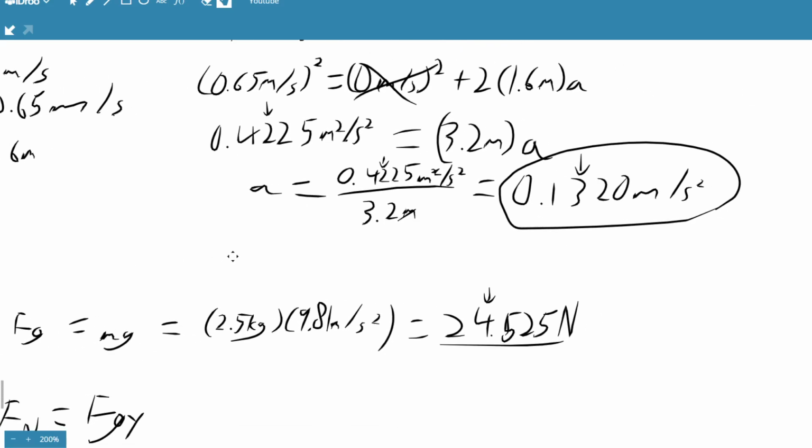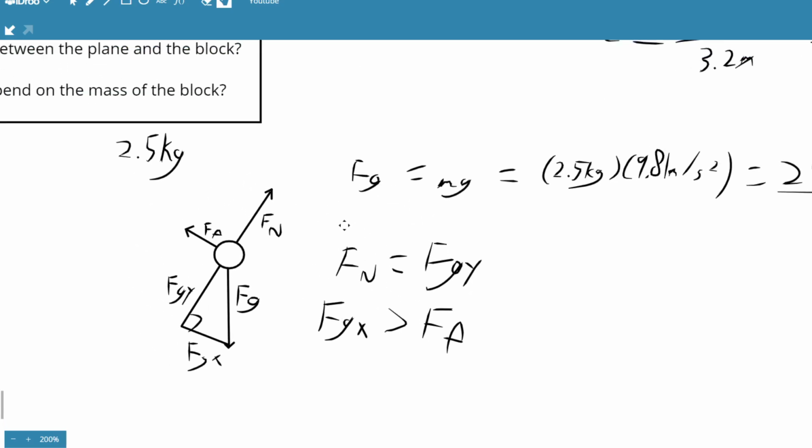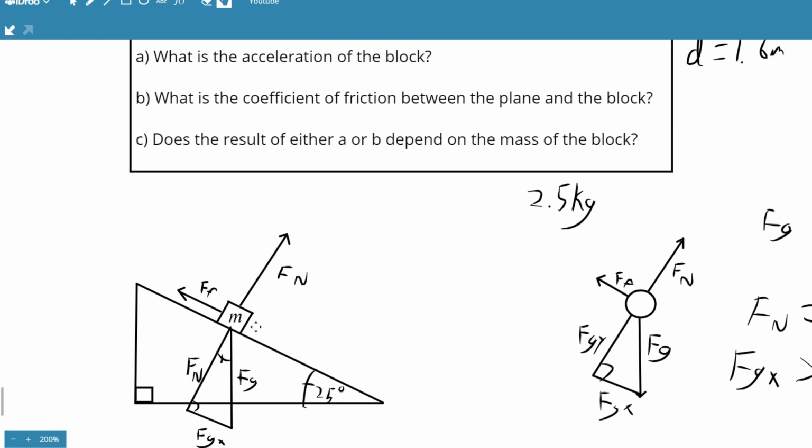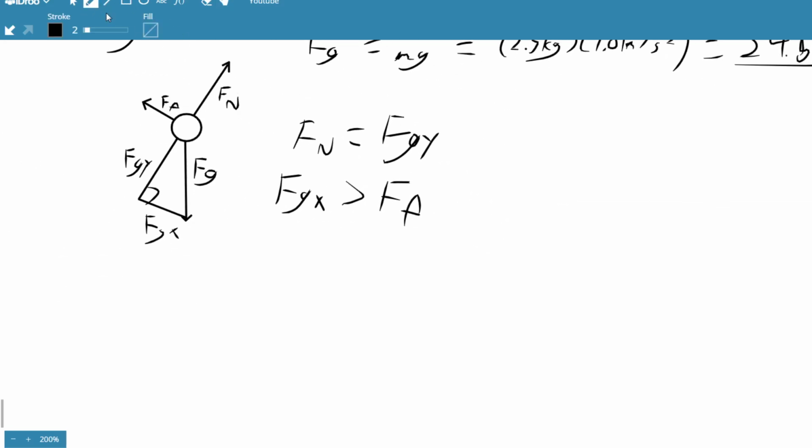And then we also have an acceleration here. That is part of FGX because that's the only force that can bring it down the plane. So let's calculate the force of that acceleration and we can figure stuff out from that.